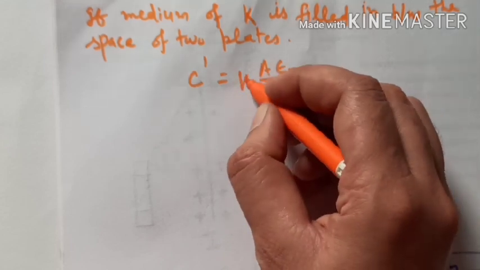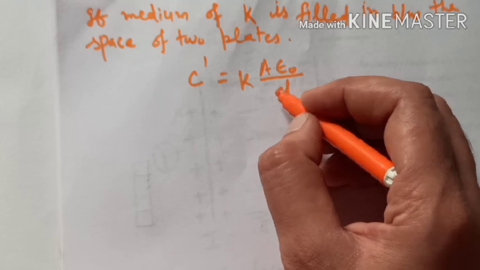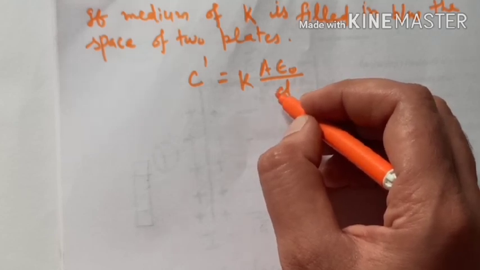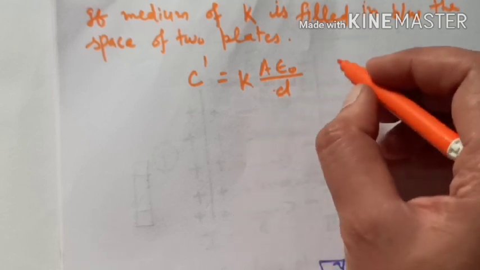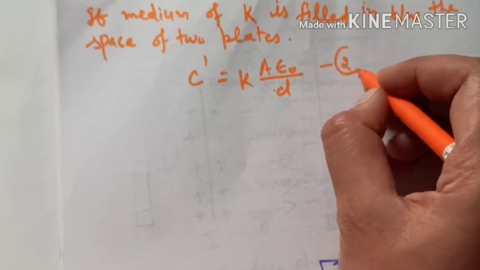So multiply this with the dielectric constant K when the medium between the two plates is not a vacuum. So say that this is equation number 2.